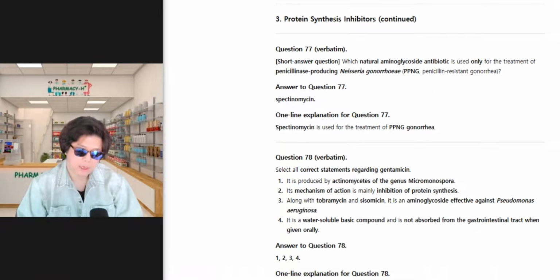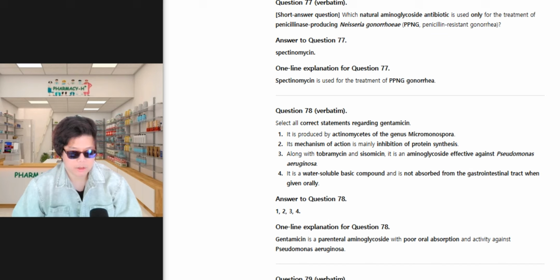Along with tobramycin and sisomicin, it is an aminoglycoside effective against Pseudomonas aeruginosa. 4. It is a water-soluble basic compound and is not absorbed from the gastrointestinal tract when given orally. Explanation: gentamicin is a parenteral aminoglycoside with poor oral absorption and activity against Pseudomonas aeruginosa.